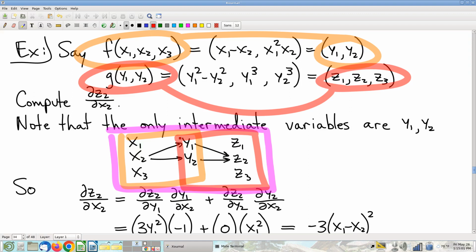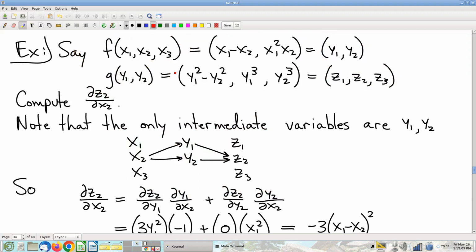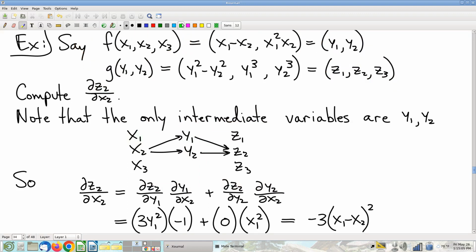Okay. So with that diagram drawn, now I was asked to compute the partial of z2. Okay, let's see here. There's z2. And I want to compute that partial with respect to x2. There's my x2. Okay, go diagram. There's my first path.